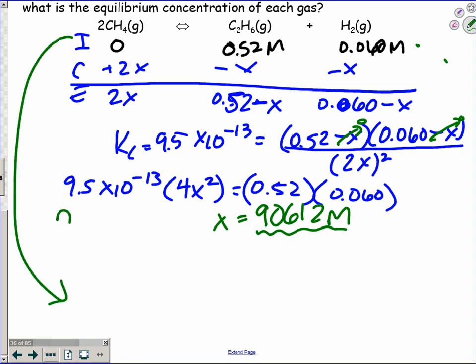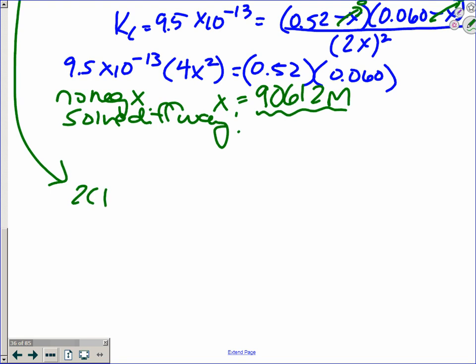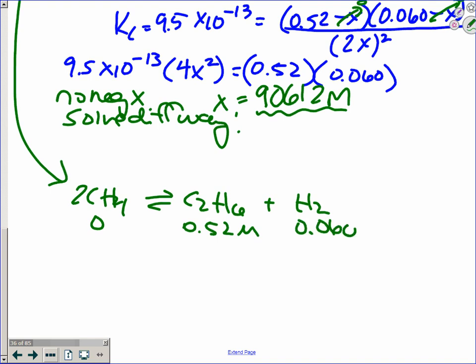Not going to neglect x, solve a different way. So, 2 methane equilibrates to ethane and H2? Initially 0, 0.52, and 0.060 molar, right?